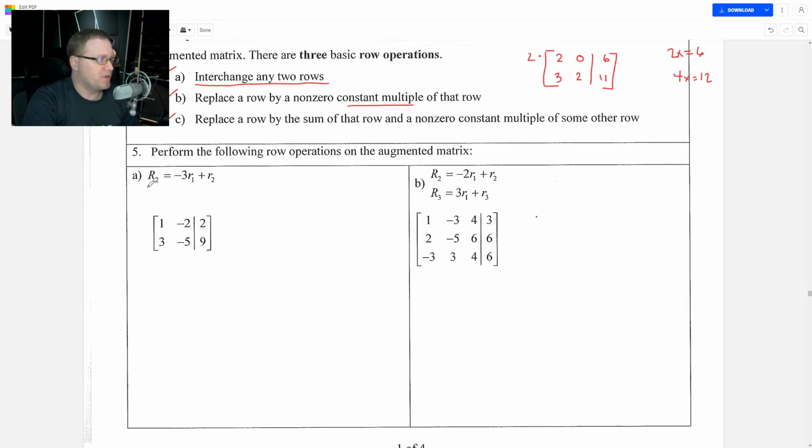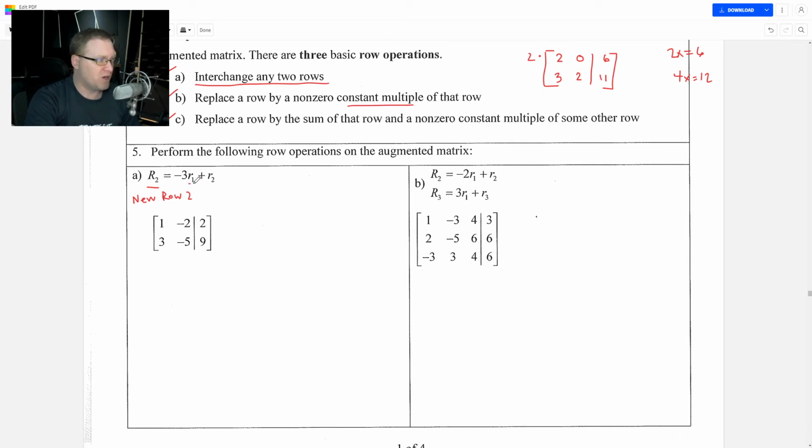All right. Now, here we have a big R2. That means our new row 2, all right? That's what big R2 means. It means the new row 2. It means we are going to change the second row. We're going to give a new second row, all right?